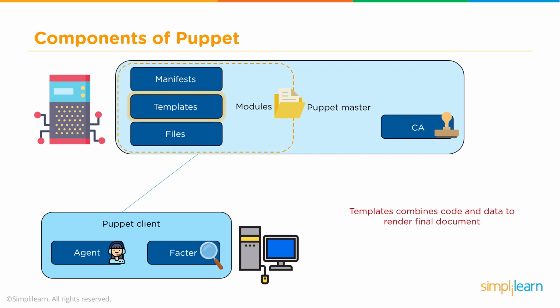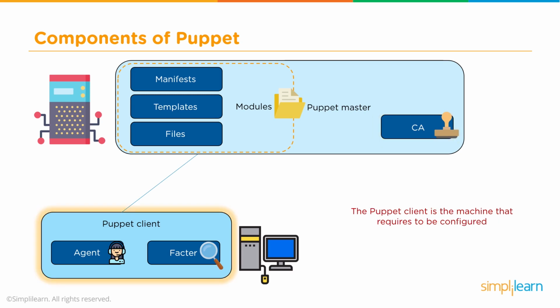We have templates that combine our code together to render a final document. And you have files that will be deployed as content that could potentially be downloaded by the clients. Wrapping this all together is a module of manifests, templates and files. You would apply a certificate authority to sign the actual documents so that the clients know that they're receiving the appropriate and authorized modules.